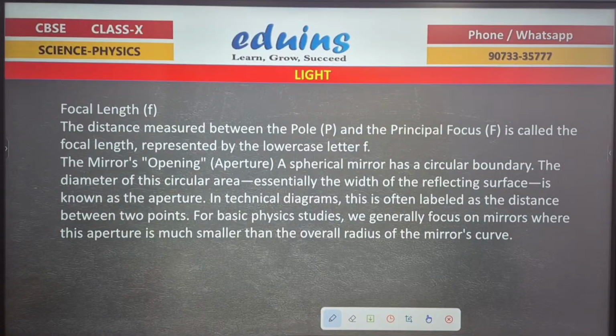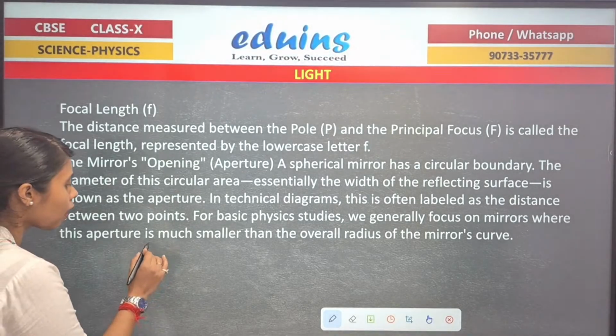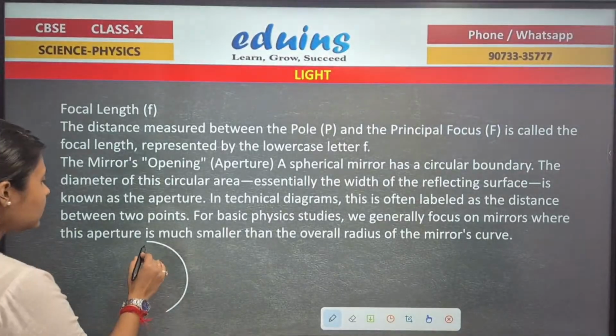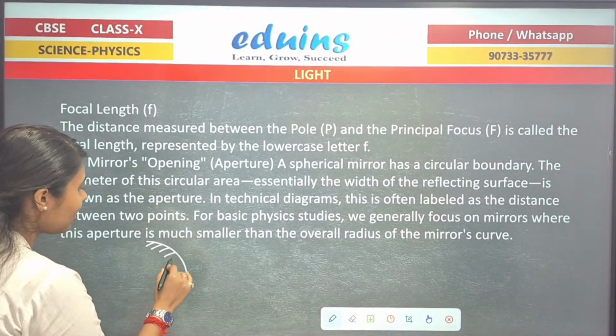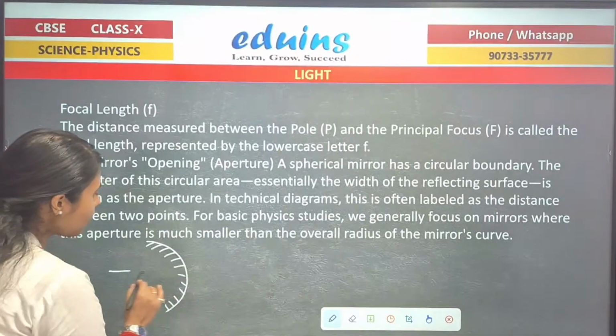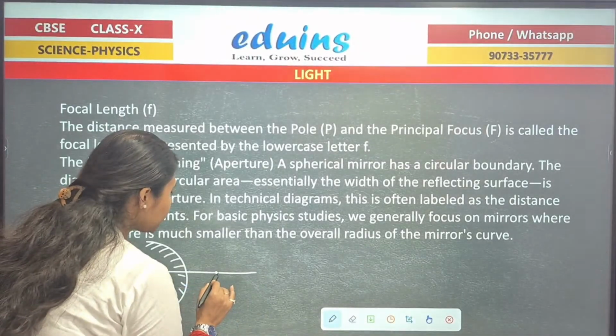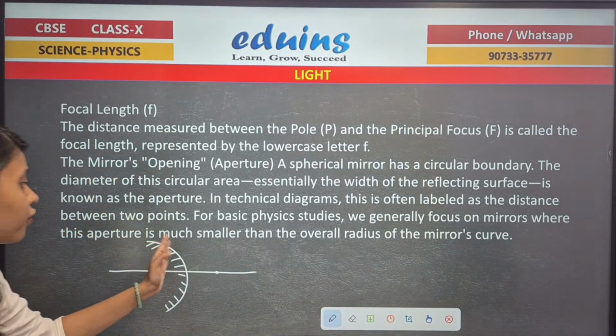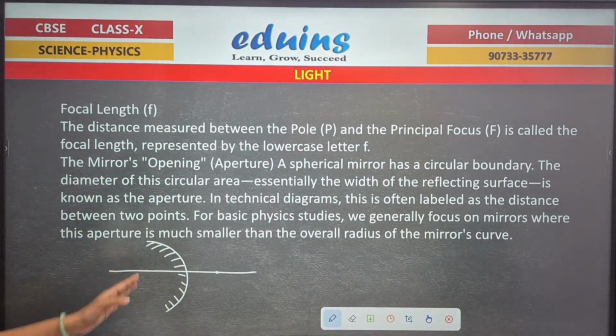Now we have to draw the picture to understand it properly. This is the convex mirror. The principal focus is situated at the front of the reflecting surface.